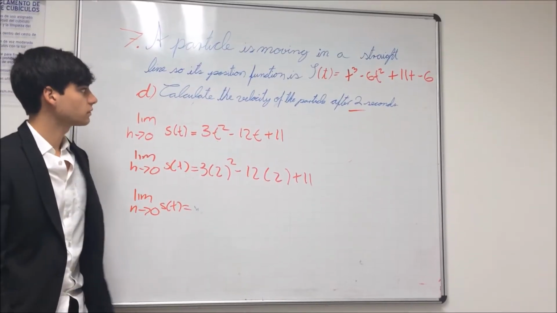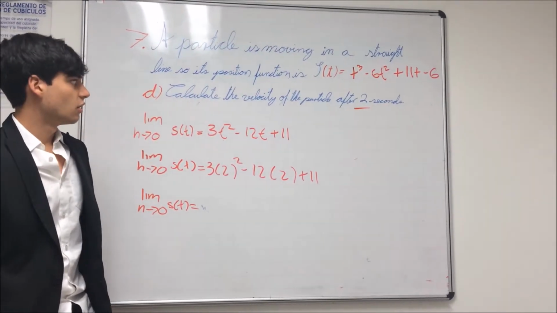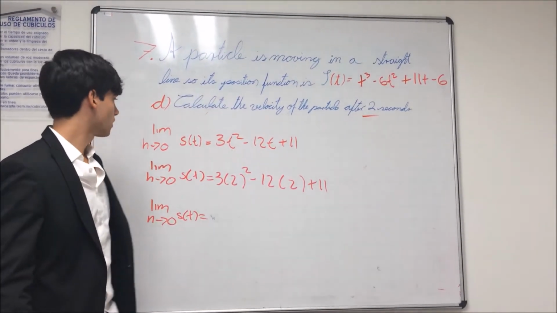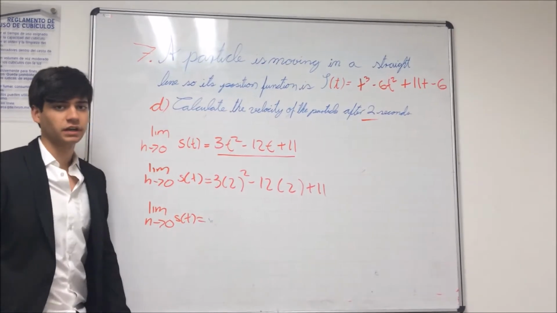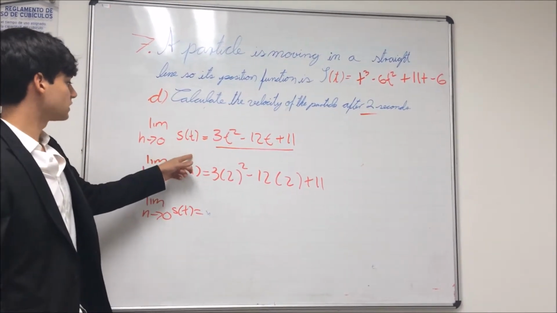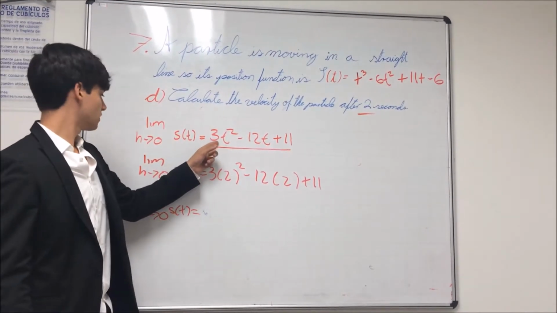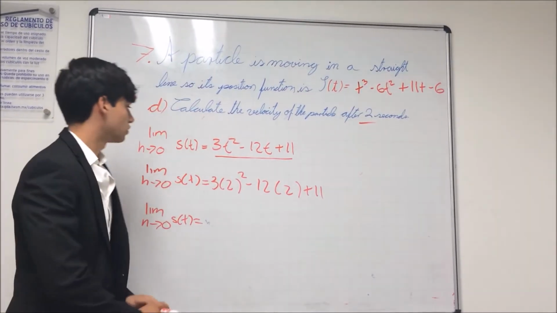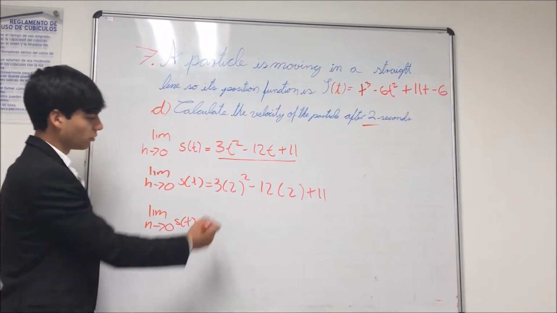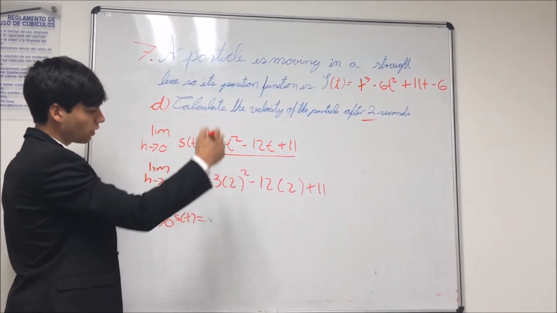In point D, we need to calculate the velocity of the particle after 2 seconds. Well, now this is the function we got from the derivative, and after that we're gonna substitute in every t 2, because it's the time they're giving us. So after you substitute this, you multiply 2 times 2 squared is 4.